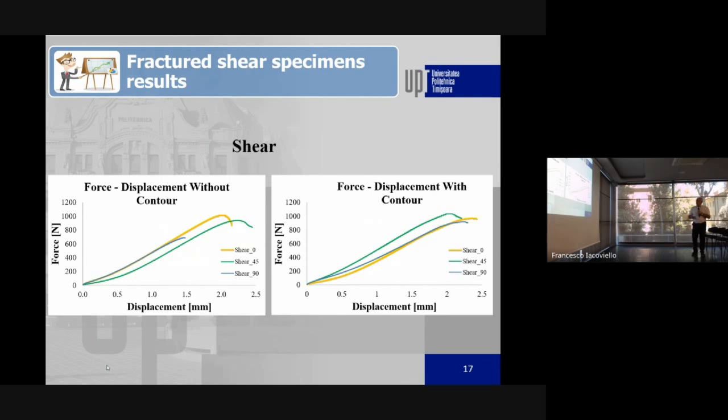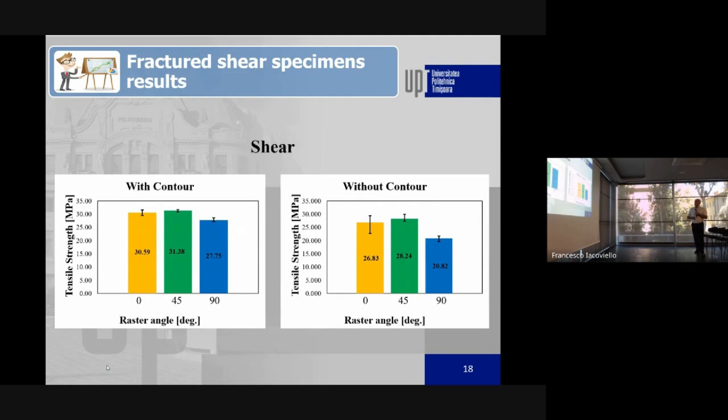And if we look at the shear strength value, for all specimens without contour, the value is around 10% lower compared with the values with the contour. Also, having the contour, the results are closer. Without contour, we have more scatter in our results.